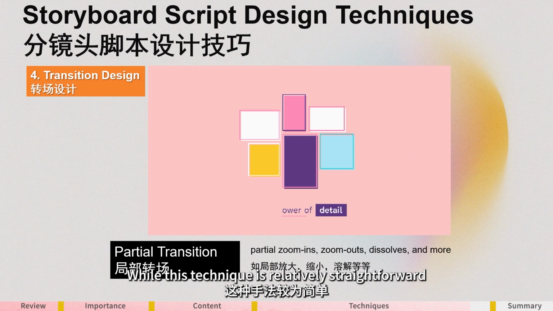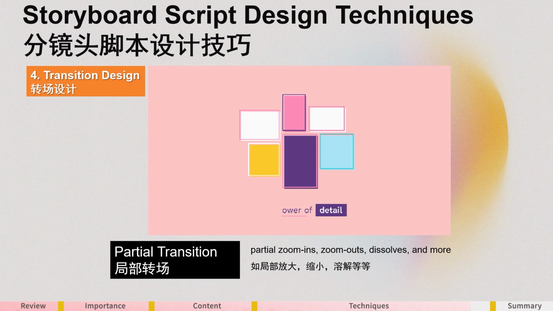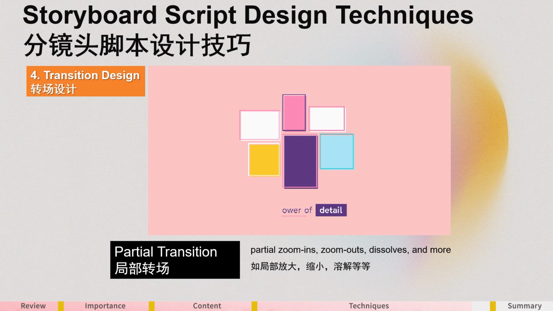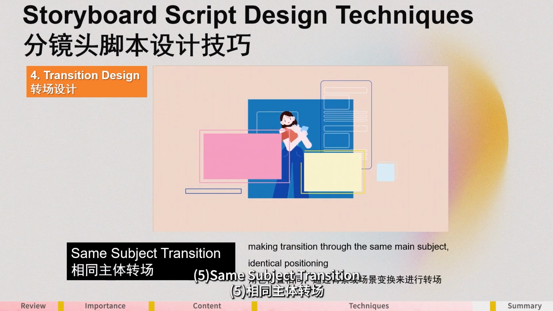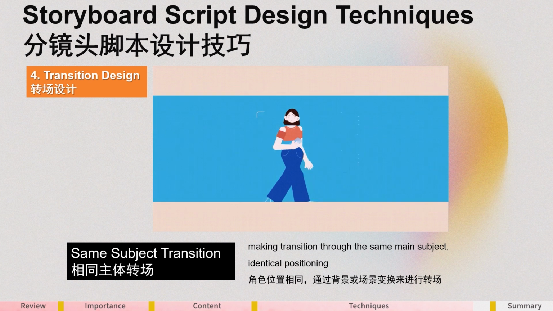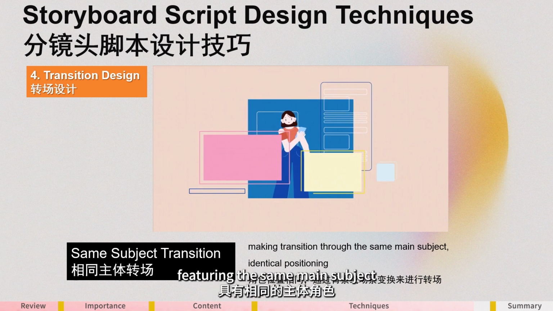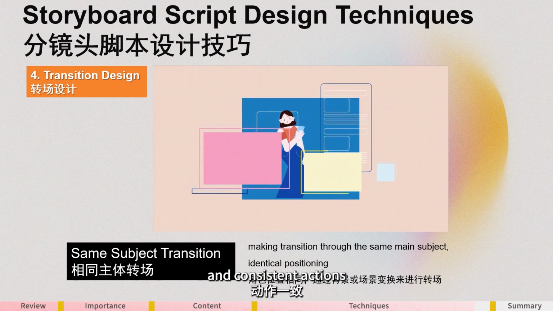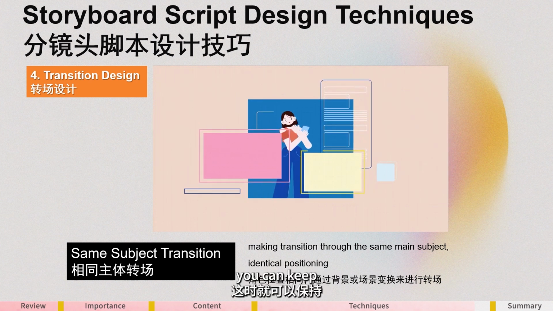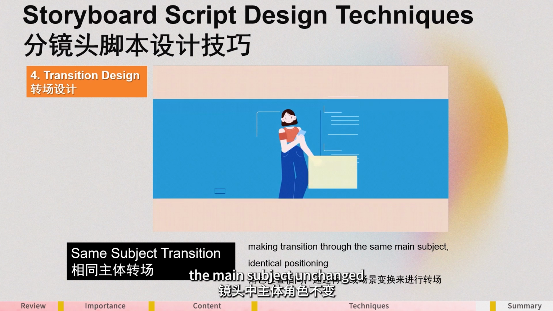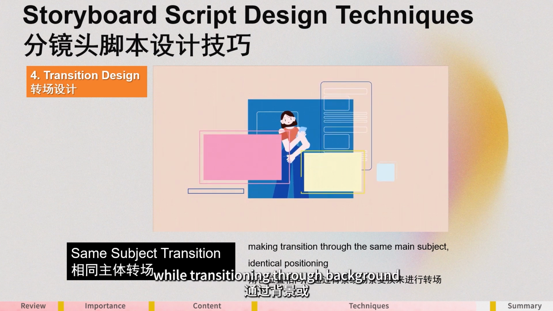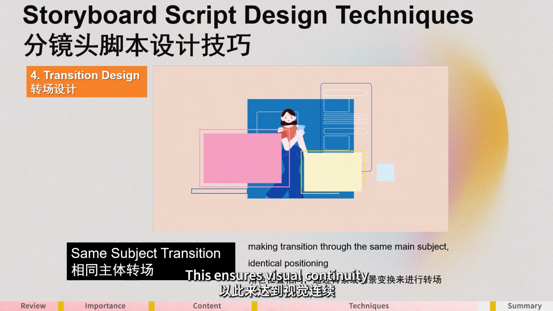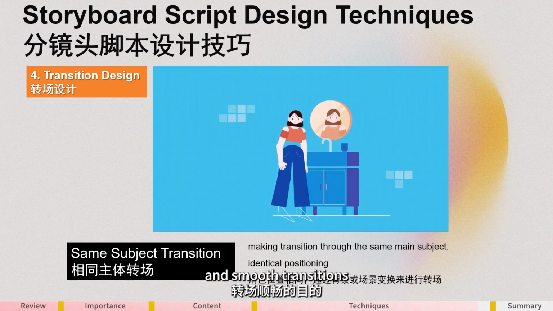While this technique is relatively straightforward, it still requires a keen eye for observation. Fifth, same subject transition. When moving between two shots featuring the same main subject, identical positioning, and consistent actions, you can keep the main subject unchanged while transitioning through background or scene changes. This ensures visual continuity and smooth transitions.